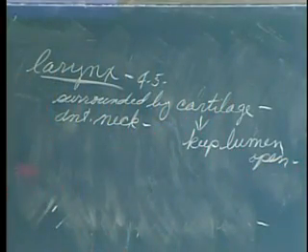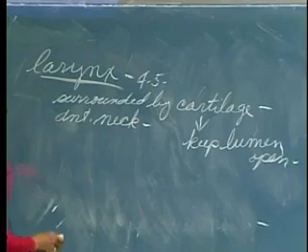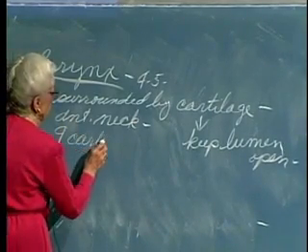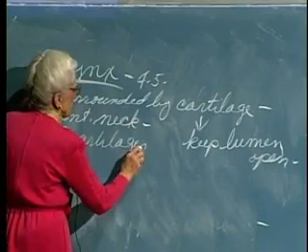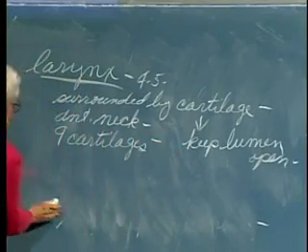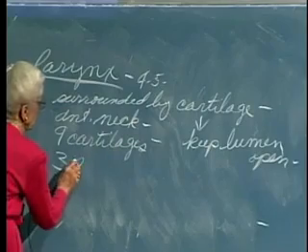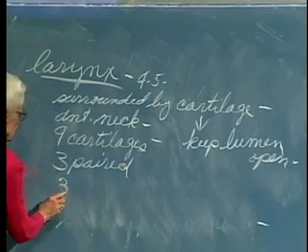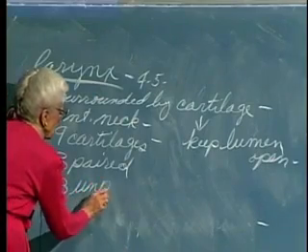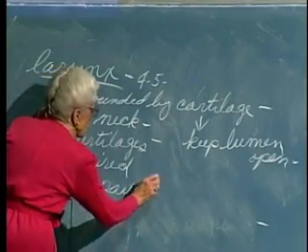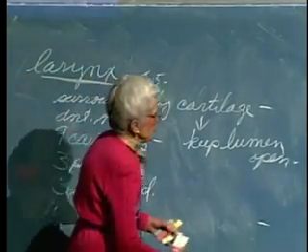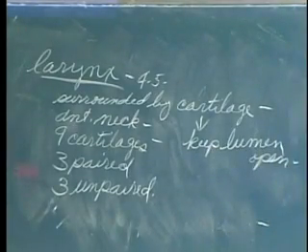So there are actually 9 cartilages. The larynx is complex. There are 3 paired and 3 unpaired. We're only going to take the unpaired for examples just because of time, so you have a general idea of why you need them.